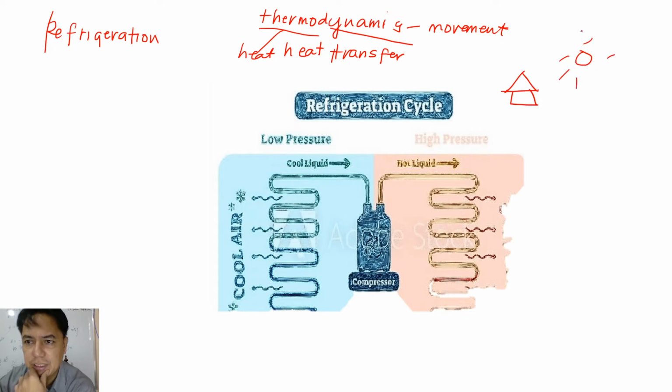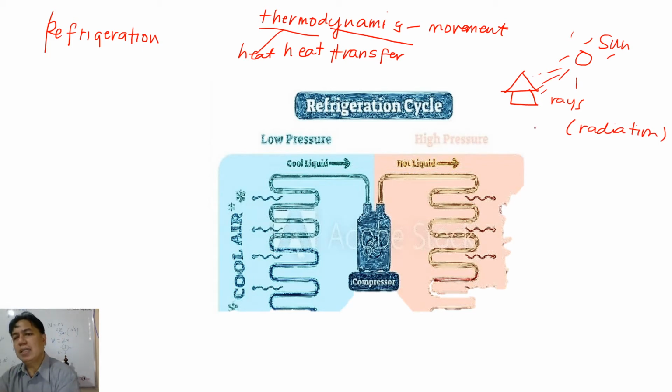It is transferred because we have the sun, and the sun has sun rays. That mode of heat transfer is called radiation, because the sun is radiating its heat energy.